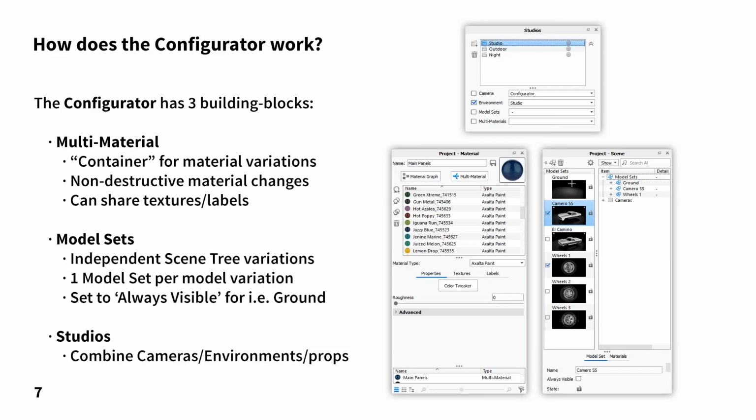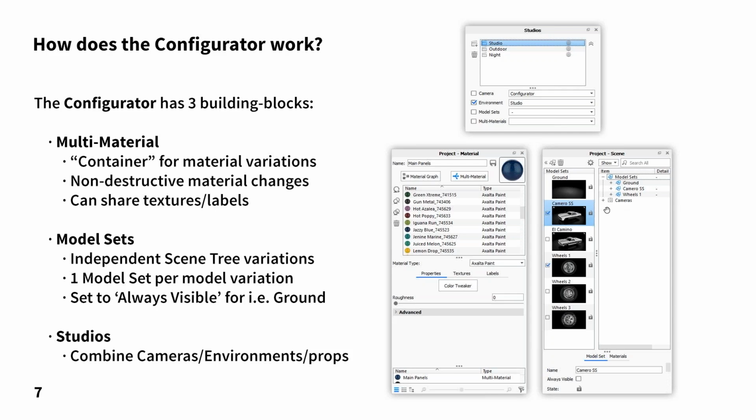Then here on the right we have the model sets. New in KeyShot 7, you can see that we have added thumbnails to model sets, so now you can see exactly what's contained in those model sets. And basically what you're doing when you're setting up your configurator is you're creating one model set per model variation.